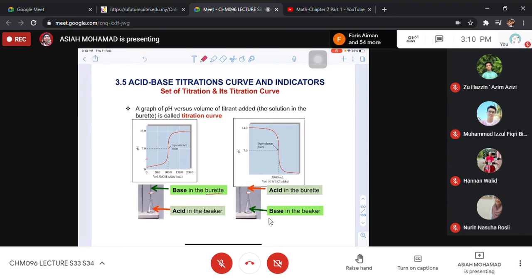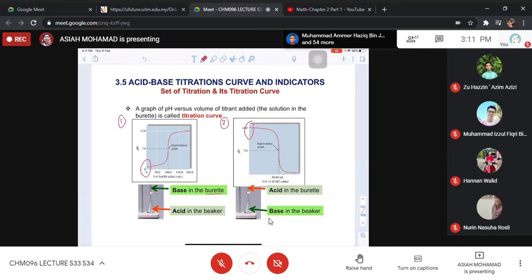So this is the titration curve. If you look at the first and the second titration curves, the shape is almost the same, the S shape, but the starting pH differs. The initial pH of this one starts in the acidic range, but this one starts in the basic range.